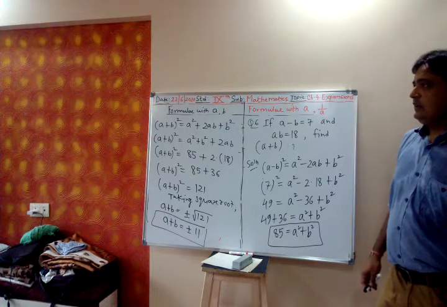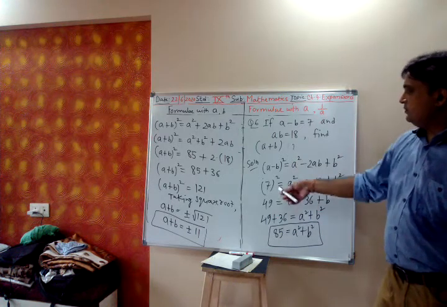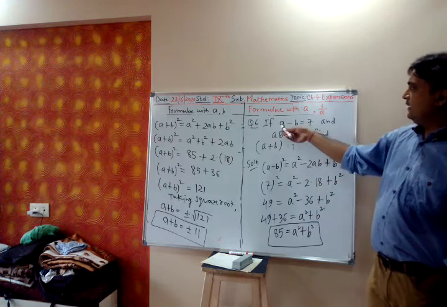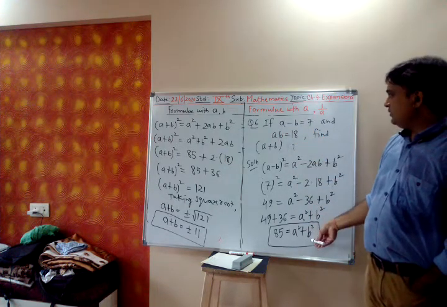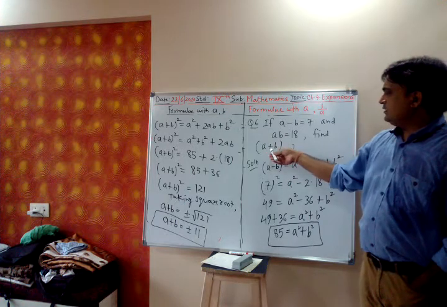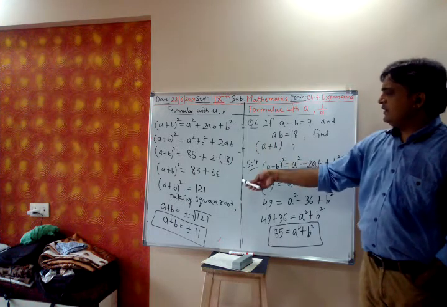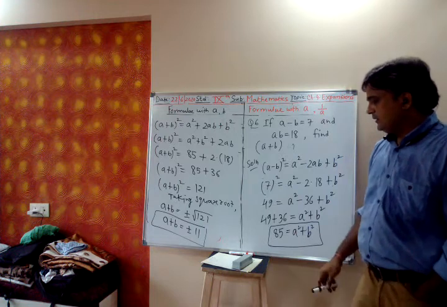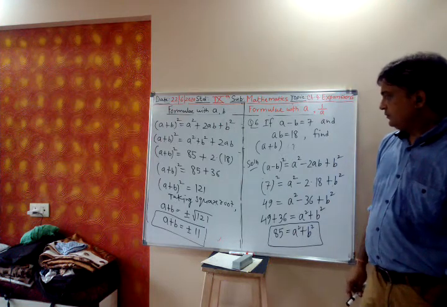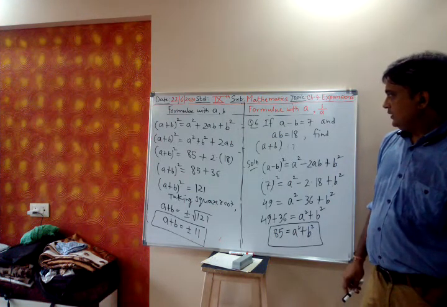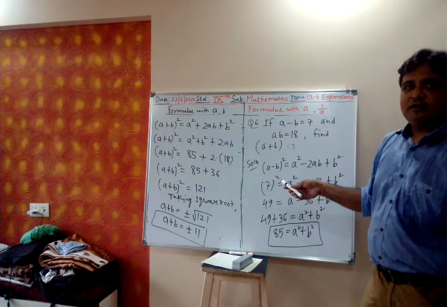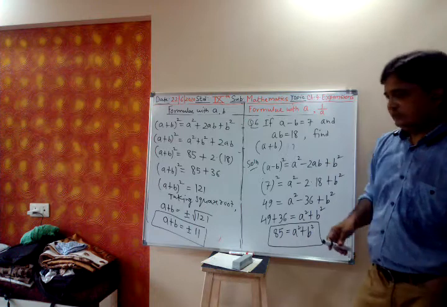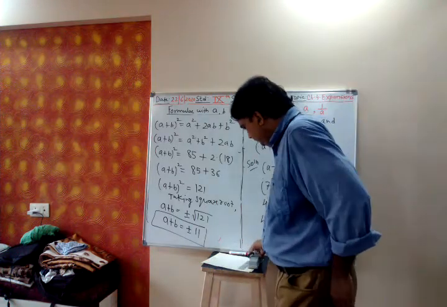If you don't remember it, then you have to solve by this method. a minus b is given, find a minus b whole square, get a square plus b square, then a plus b is asked, consider a plus b whole square, simplify and get the value of a plus b. The same sixth question you will solve by using the formula used in 5. Okay.